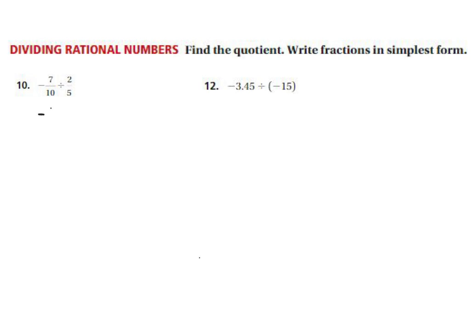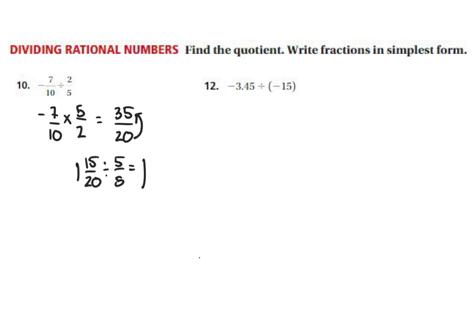So I'm going to take negative 7/10 and multiply by 5/2. 7 times 5 is 35, and 10 times 2 is 20. 20 goes into 35 once, so 1 15/20, and then I'd simplify, dividing by 5 over 5, and I'd get 1 3/4. And then a negative divided by a positive is a negative, so my quotient is negative 1 3/4.